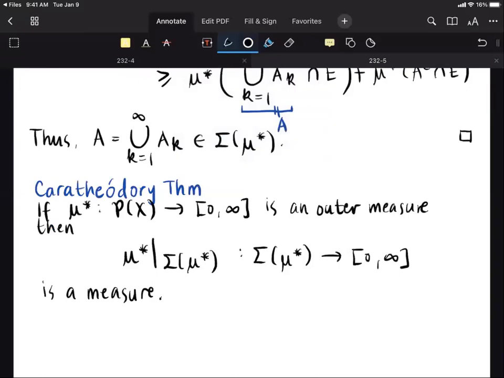So from an outer measure, how do we create a measure? The idea is basically to restrict the outer measure to the collection of measurable sets.